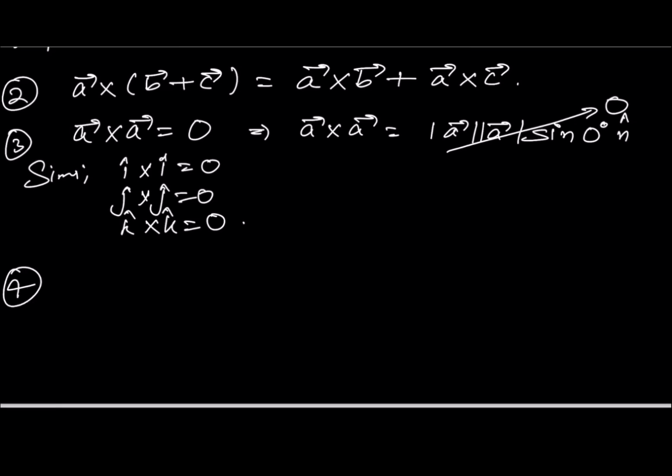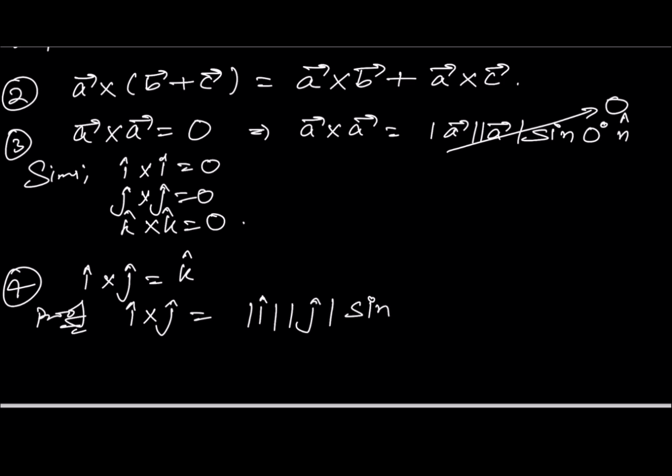Fourth one is I cross J is K. Okay, proof is very simple. I cross J is mod I mod J sine theta n cap. Theta is the angle between I and J, and we know the angle is 90 degree.